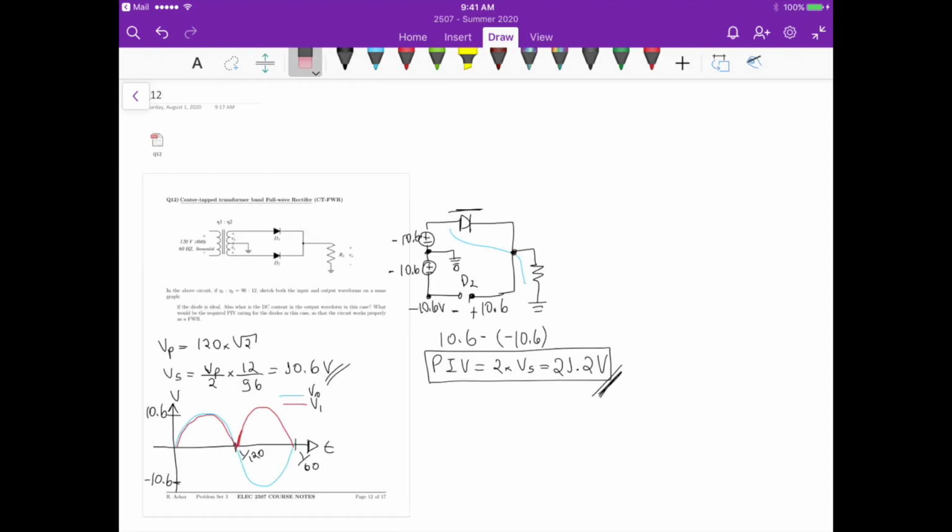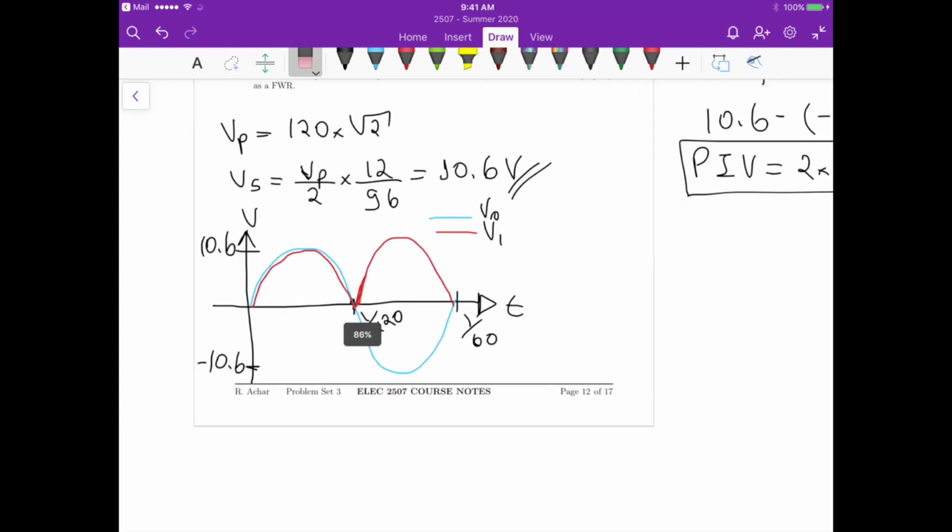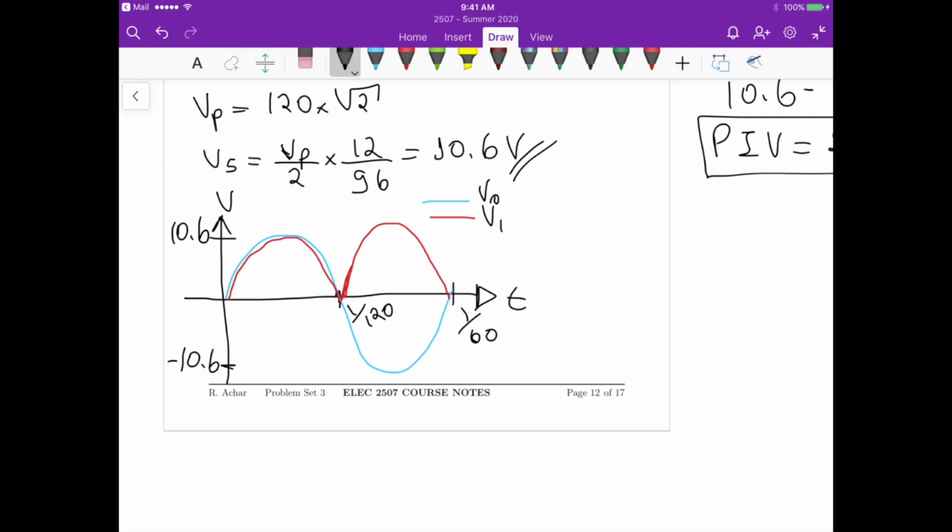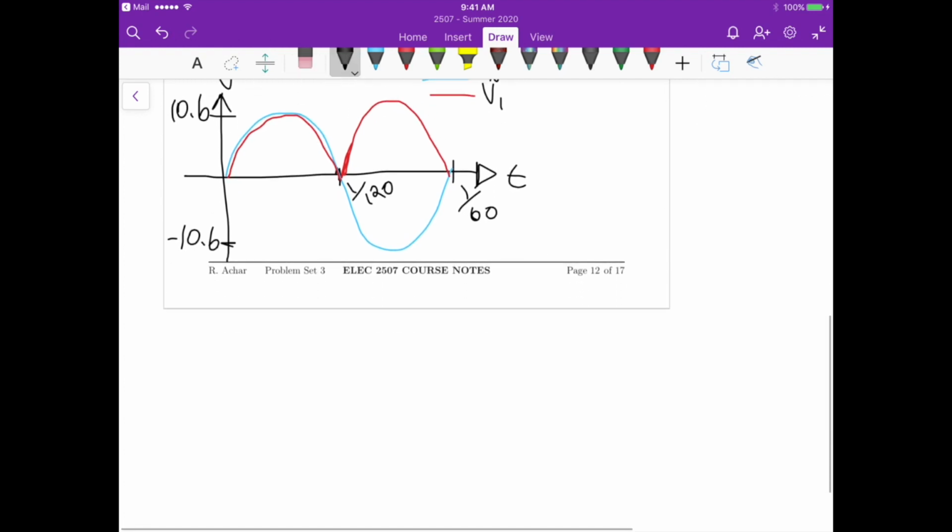Okay. And for the average voltage of this question, we just have to analyze the waveform that we have here. So remember that the average voltage is equal to 1 over the period. So let's replace that by 1 over 60, which is just like 60, times.